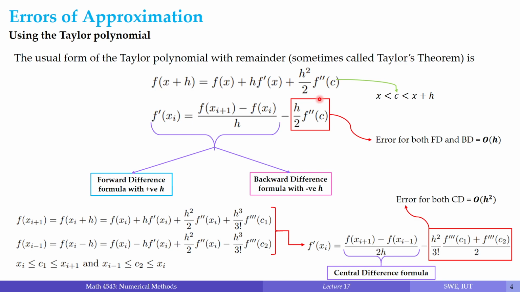We have seen from our remainder theorem that if we take the first two terms of our Taylor series, the error that we incur for not taking the third term, the fourth term, and so on looks like h squared by 2 times f double prime of c, where c falls between x and x plus h.